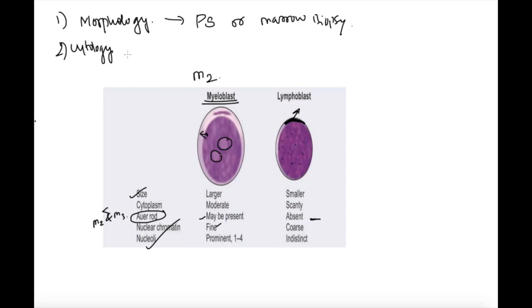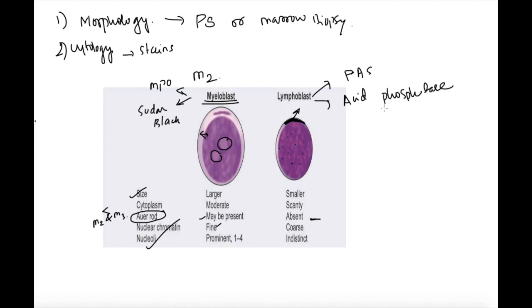So we use some stains. For myeloblast we have two stains: MPO, everybody knows that, and Sudan black. On the other hand, for lymphoblast we have periodic acid-Schiff, PAS, and acid phosphatase. These are the two stains we use for the lymphoblast.